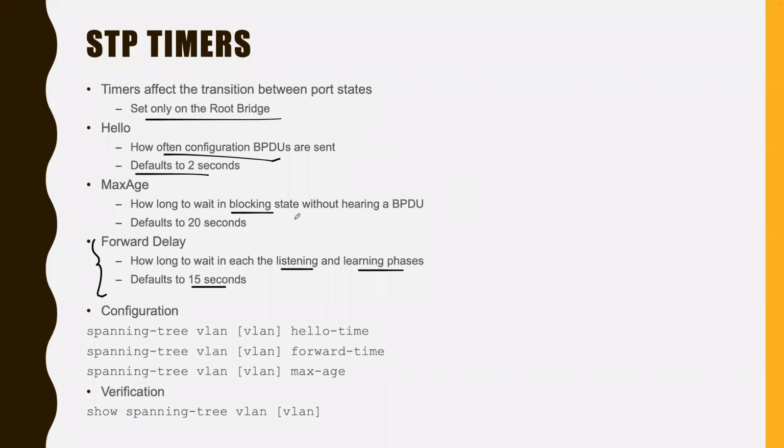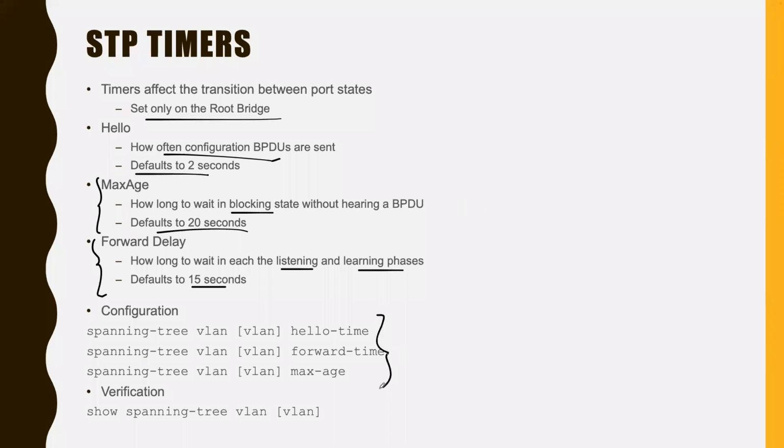So it waits for 20 seconds in order to flush its MAC table. That's known as the max age timer. It is how long it will wait in a blocking state without hearing a BPDU. If no BPDU is coming to it, it will wait for the default 20 seconds.